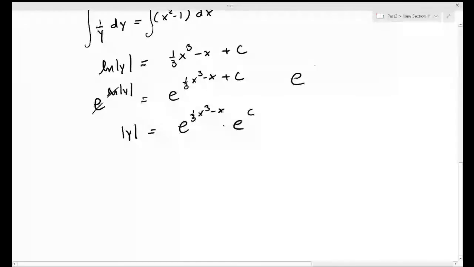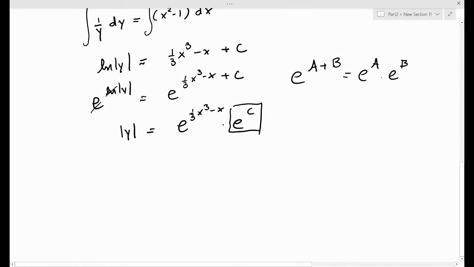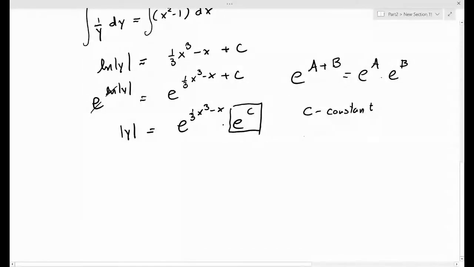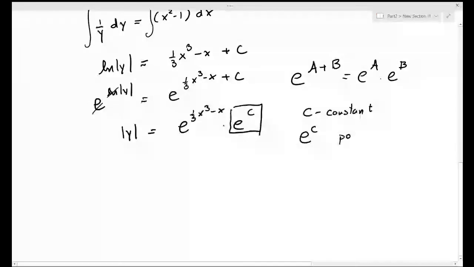So I'm using the fact that e to the a plus b is e to the a times e to the b. And this thing is just a new positive constant, correct? C is an arbitrary constant. So e to the c will be some arbitrary positive constant.